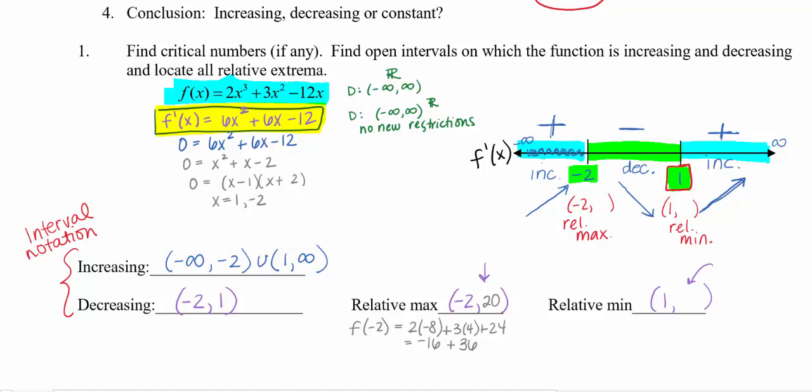And then the relative minimum, I will evaluate f of 1. Again, this is on the original curve. So it's 2 plus 3 minus 12. So -7. And so, yes, in this case, relative minimum did occur to be lower than my relative maximum, but that is not an always situation.